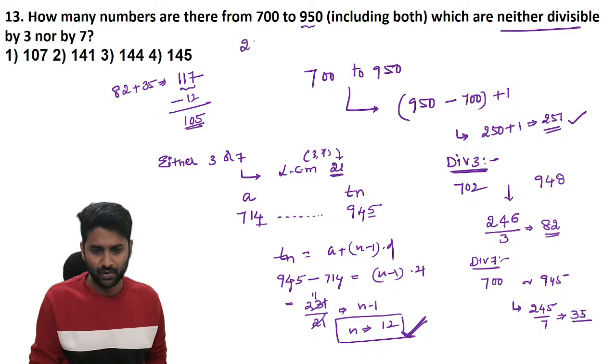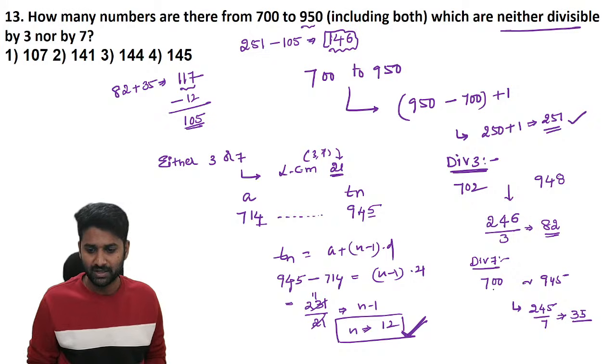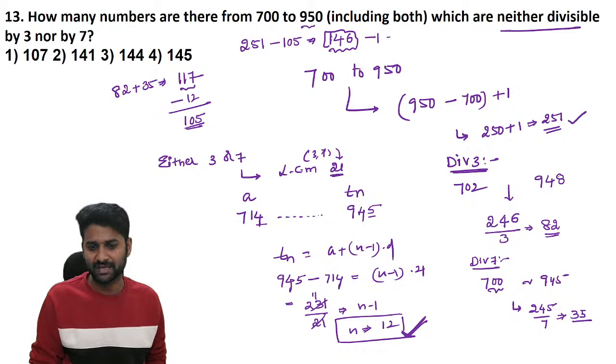And this value you have to subtract: 251 minus 105 is equal to 146. But as you know, we have to include both ends. So 700 is already included. That's why subtract again, and then the result becomes 140.